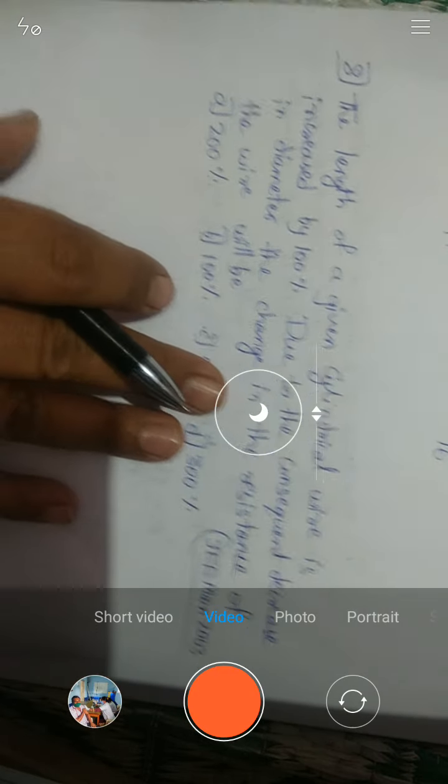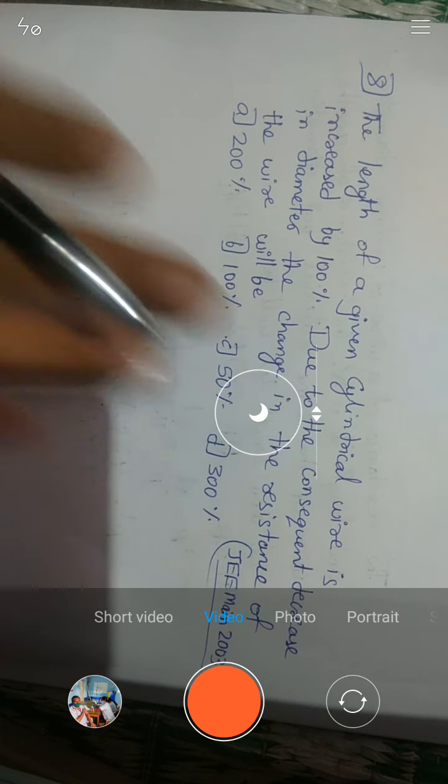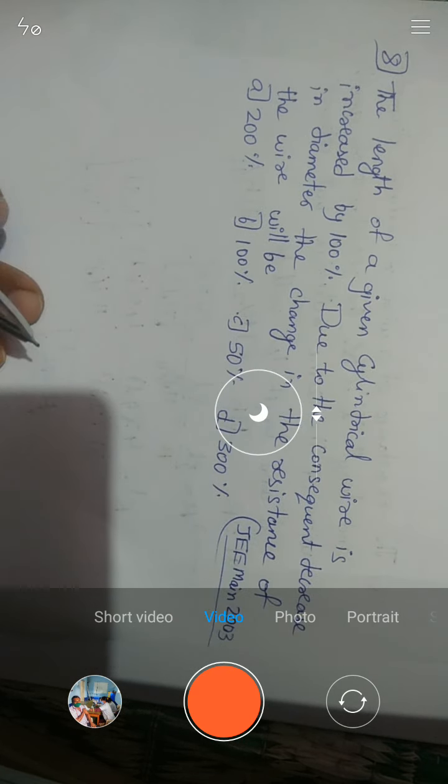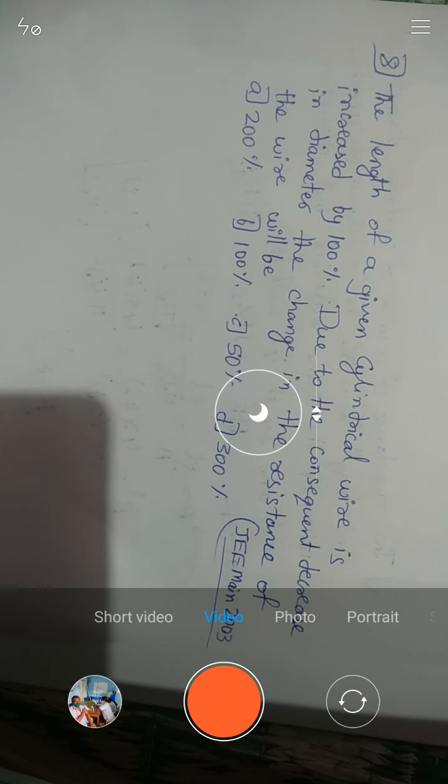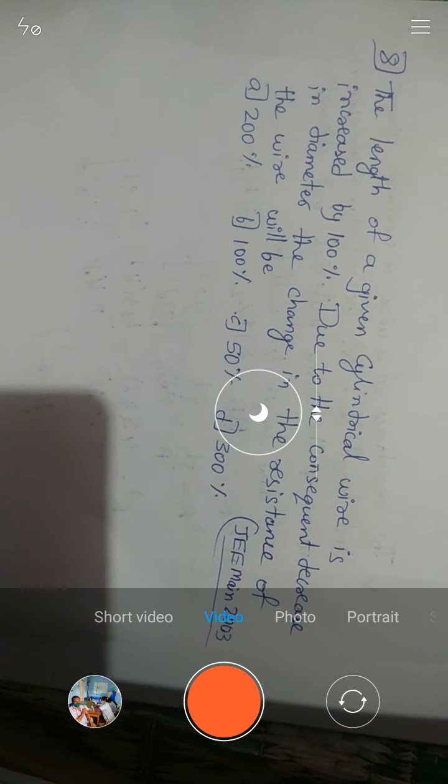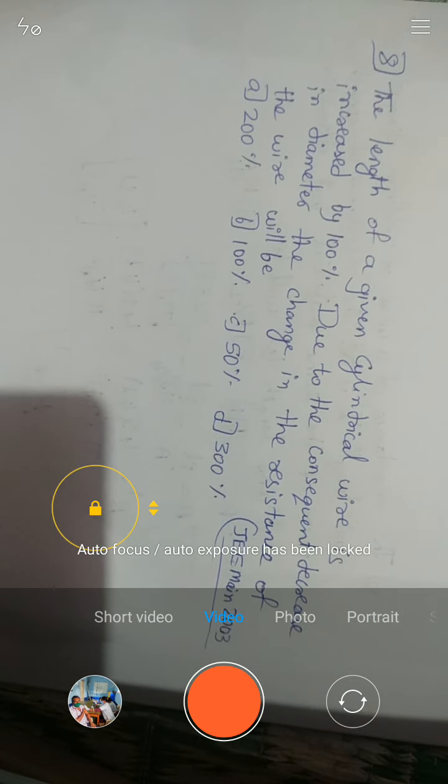Like this you should solve using the relation R is equal to rho L by A. The next question: the length of a given cylindrical wire is increased by 100% due to the consequent decrease in diameter. The change in resistance of the wire will be: option A 200%, option B 100%, option C 50%, option D 300%.